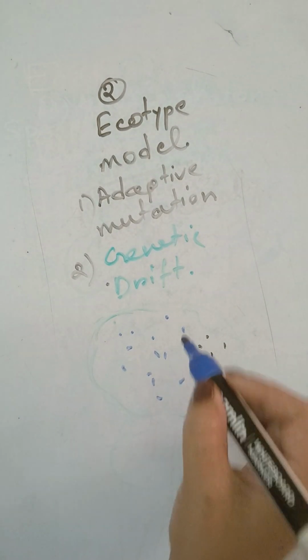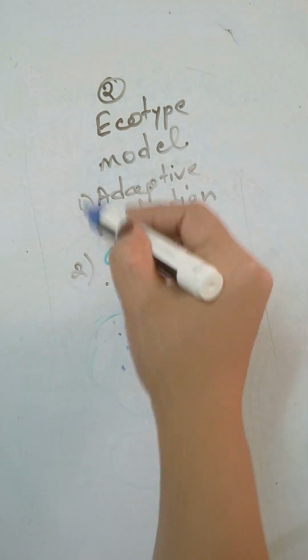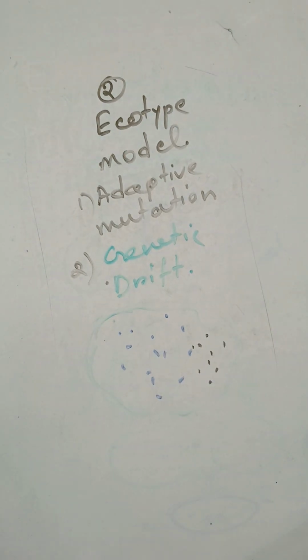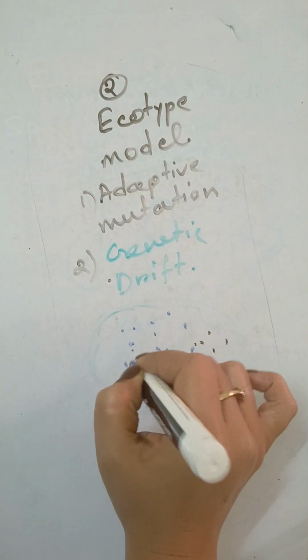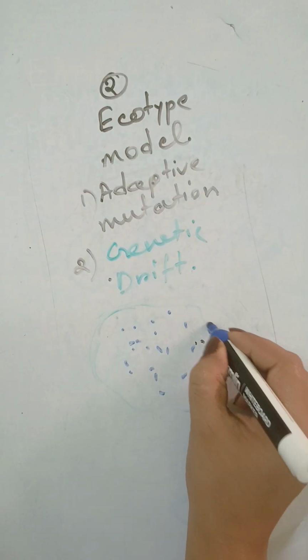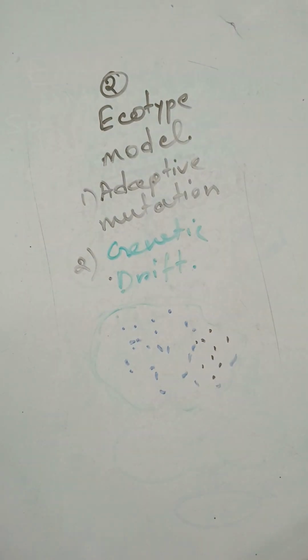Now due to the genetic drift and adaptive mutation, meaning those mutations which help microbes grow faster, the main thing is they give a growth advantage to those microbes. That is the adaptive mutation. So due to this, these microbes will outcompete the others in the same population.